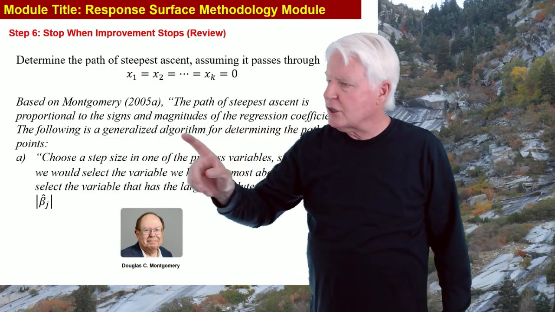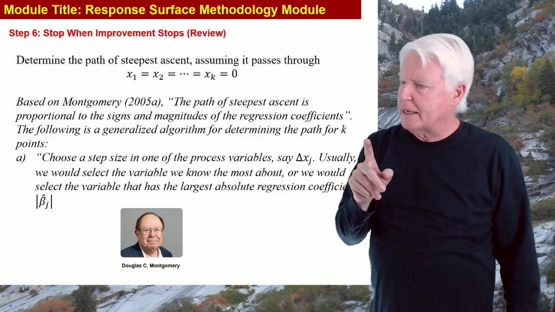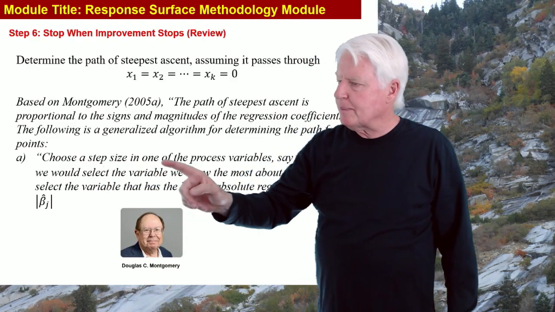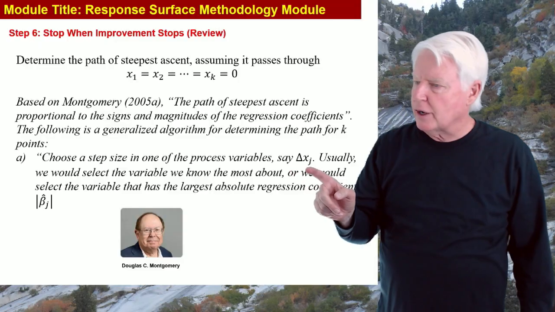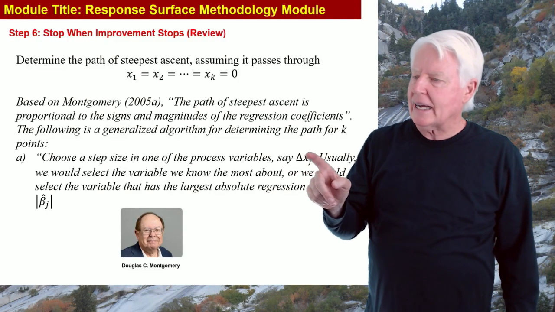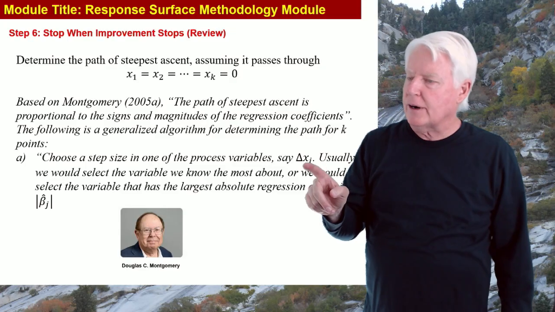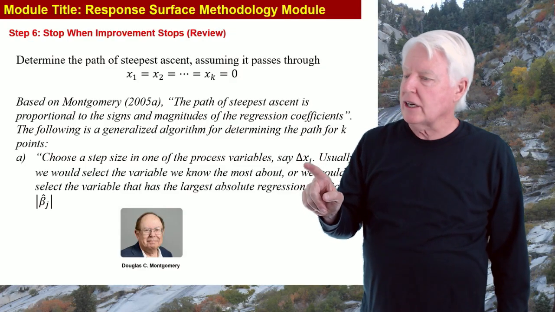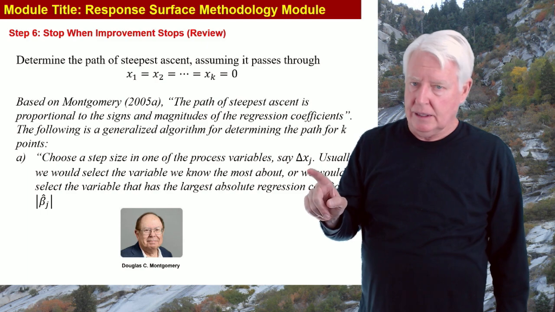The following is a generalized algorithm for determining the path for k points. A. Choose a step size in one of the process variables, say change in xj. So when I say xj, it means the independent variable, and j means the coefficient of greatest magnitude.